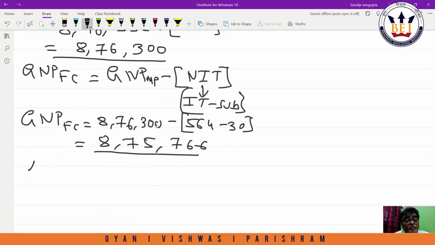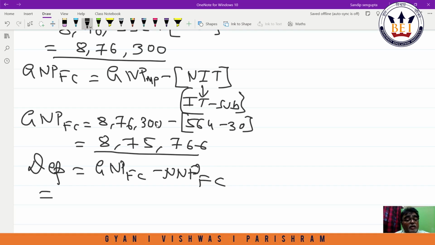So now depreciation. Depreciation is nothing but GNPFC minus NNPFC. If we put the respective values, what do we get?